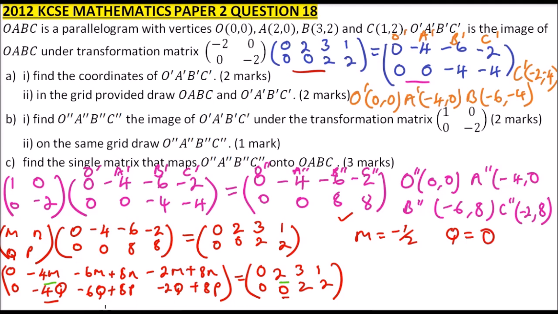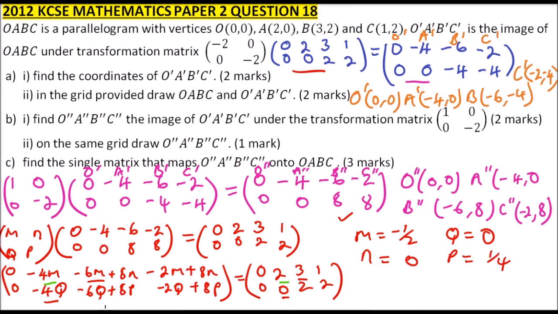Then you form two simultaneous equations, that is minus 6M plus 8N is equal to 3, and minus 2M plus 8N is equal to 1. You solve those two simultaneous equations, then you should get N is equal to 0, and P is equal to a quarter.